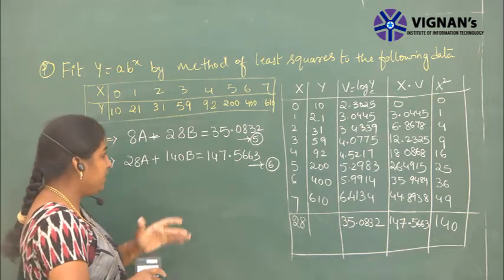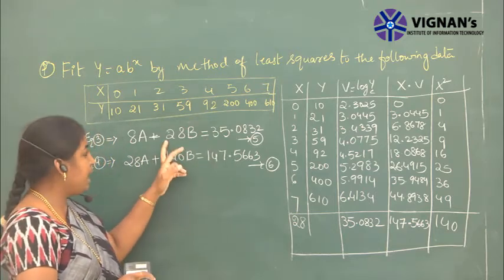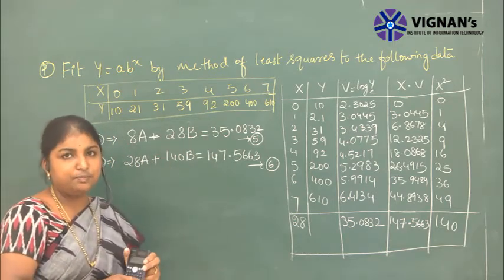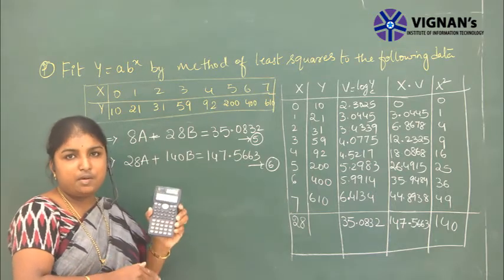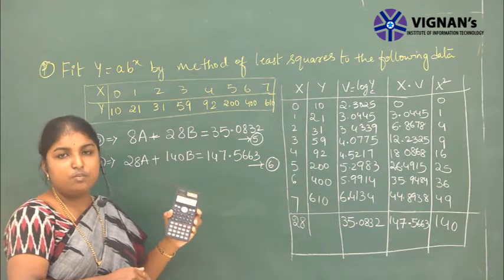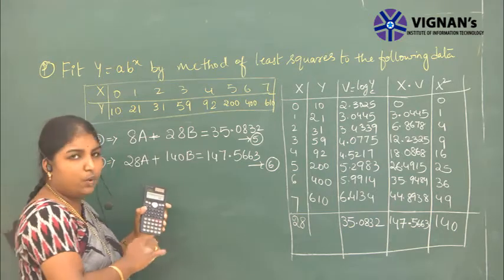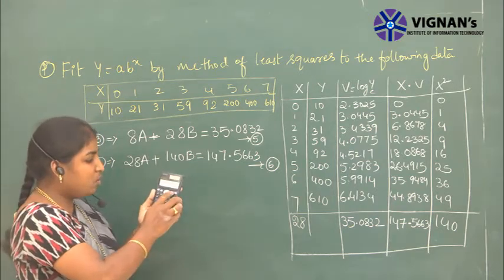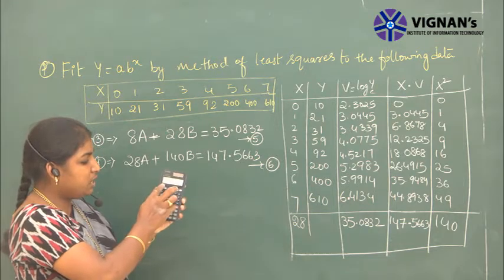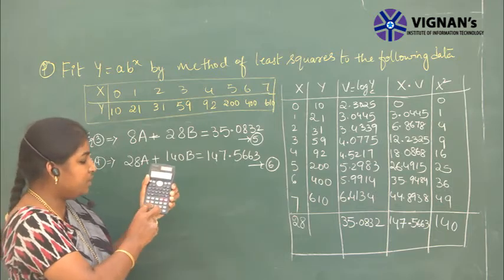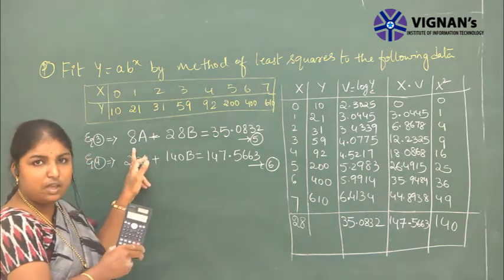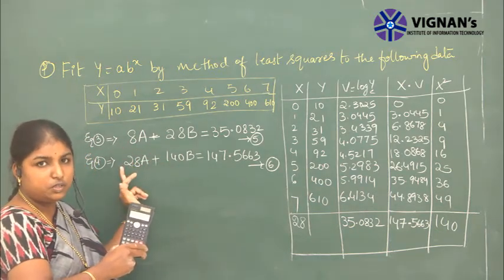Now we solve these two equations to get capital A and capital B values. For solving these equations, again we use the calculator. We change the calculator mode to equation mode. Press mode 2 times, we get equation, and since we want two unknowns A and B, press 2 and give the values of A1, B1, C1, A2, B2, C2.